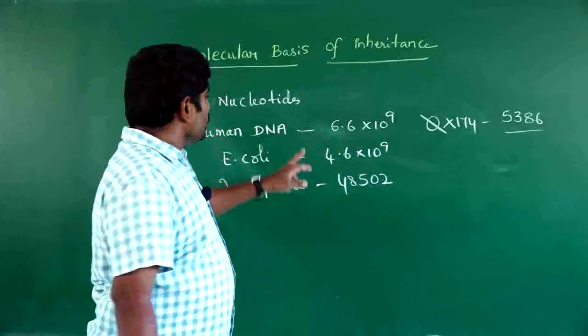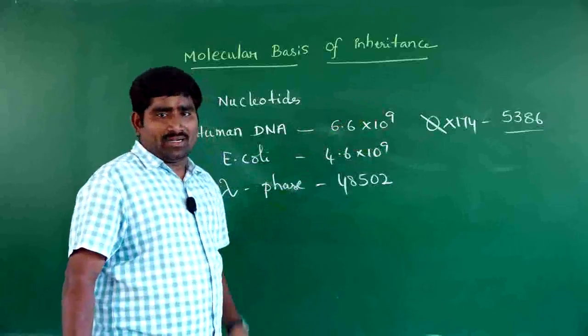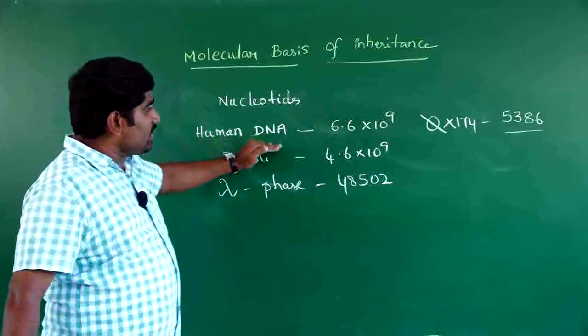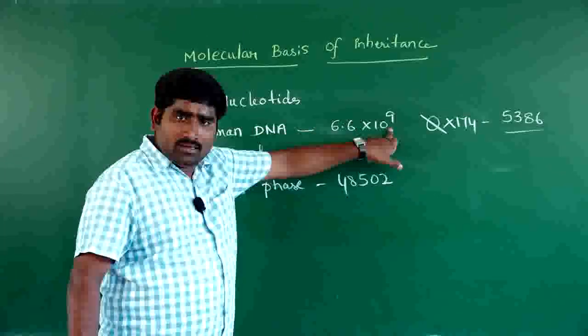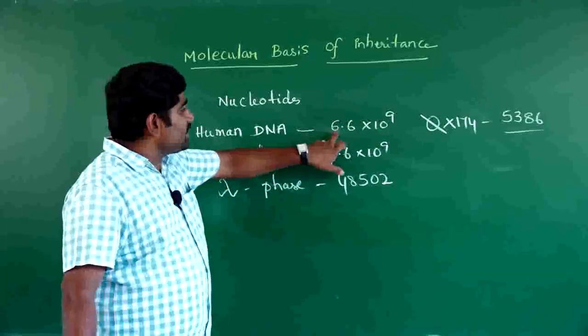So the human genome consists of 3.3 x 10^9 nucleotides.